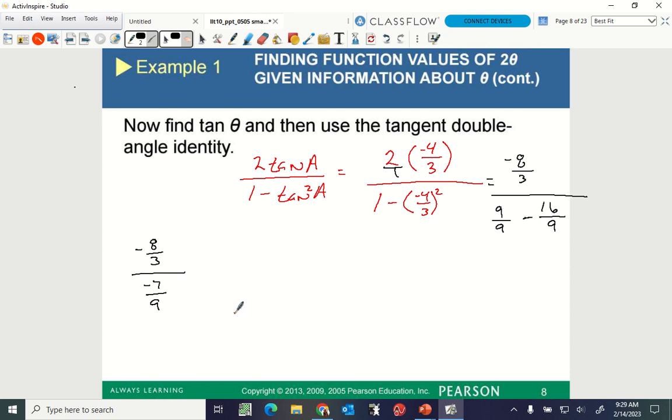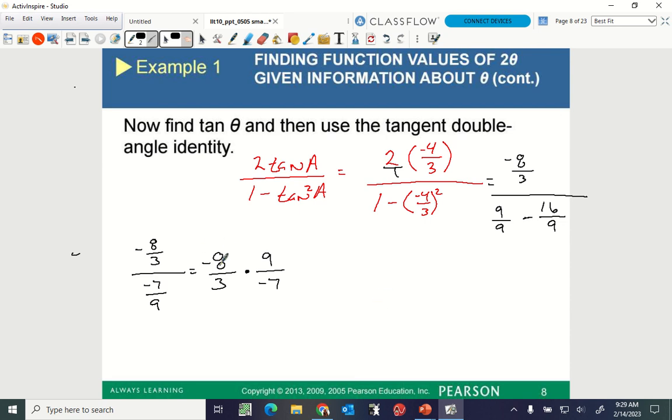Yes, we do not like fraction over fraction. So I'm going to take my top, which is negative 8 over 3, and I'm going to multiply by the reciprocal of the bottom. So I'm going to flip this over. So it's going to be a 9 over negative 7.